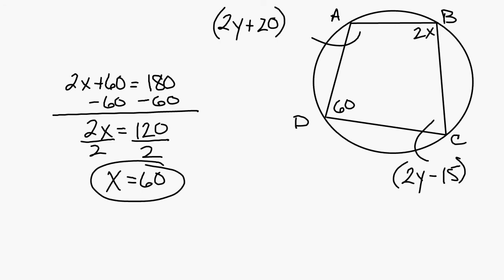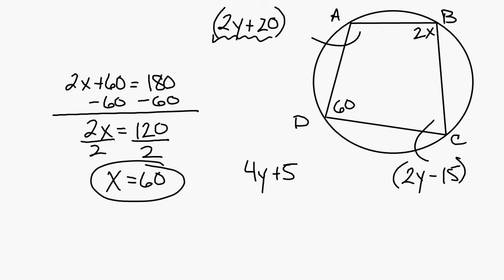So your 2y plus your 2y is 4y. Your positive 20 plus negative 15, that's a positive 5. Alright, we've added this expression to this expression, and those got to equal 180.